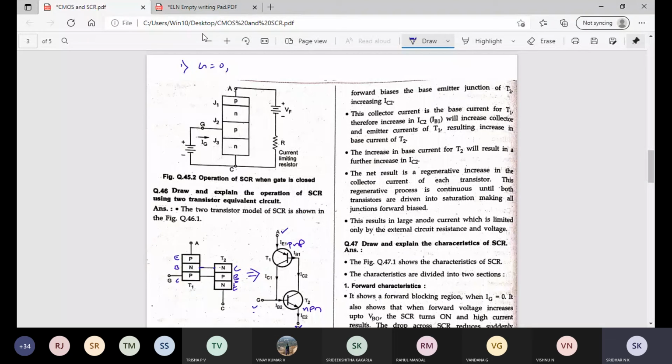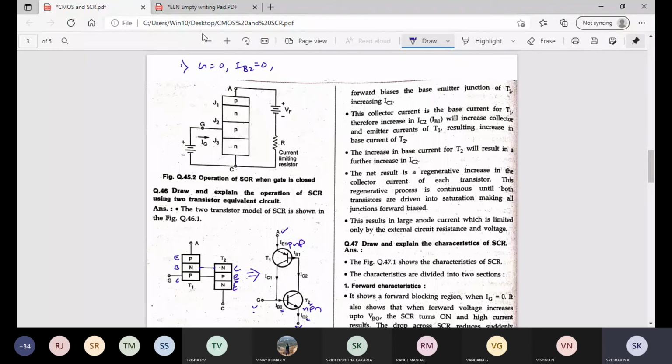There won't be any base current into the NPN transistor. I'll take this as I2 because the NPN transistor I'm terming transistor 2, and the PNP transistor is represented as transistor 1. That's why here IB2 will be 0 because gate is 0.